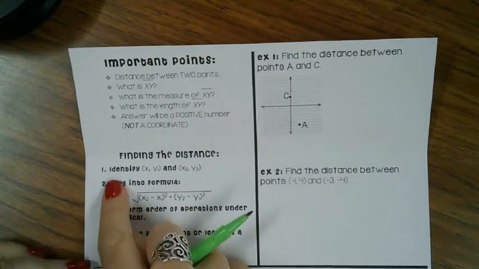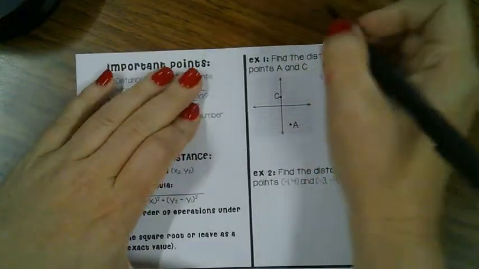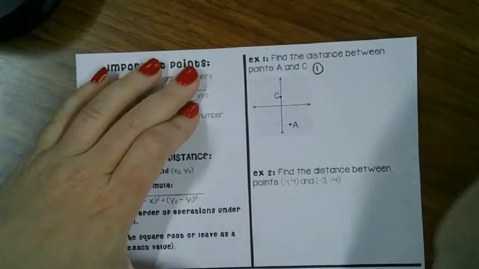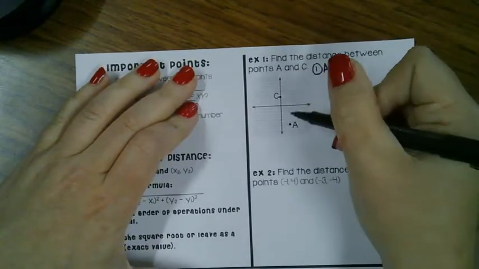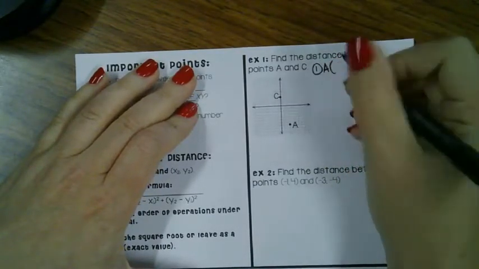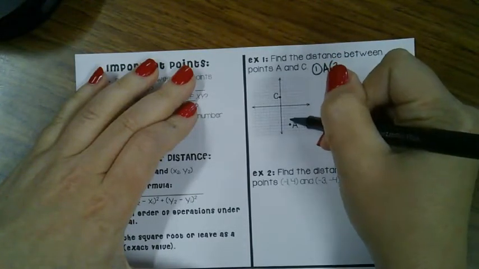So the first thing that we're going to do is identify our points. So that's what we'll do with this graph. Step 1. The point A is at 1, 2, 3, and then we're going to go down 1, 2, 3, 4, 5, 6, 7.